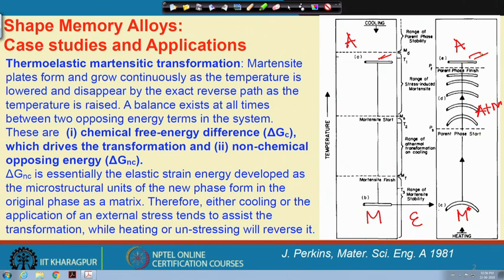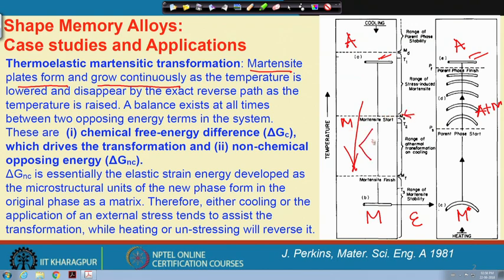And now, let us again come back to what we were talking about, the thermoelastic nature of the martensite. So, the martensite plate will form and grow continuously. In this temperature range, the martensite which has nucleated just below Ms temperature should continuously grow.